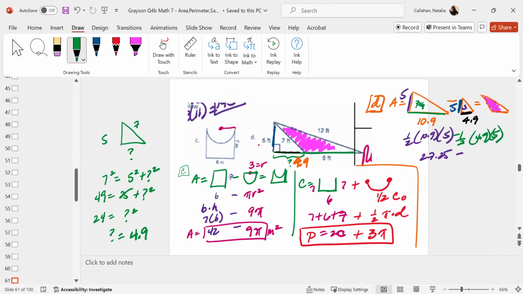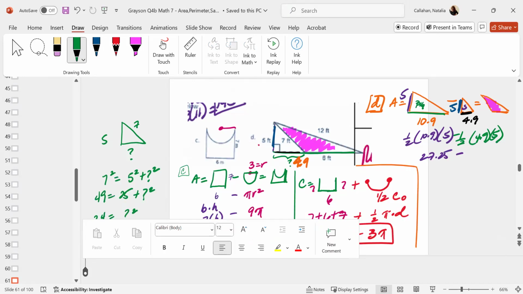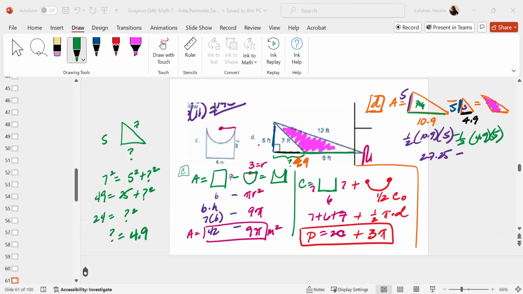Mhm. 4.9 times 5 times 0.5, which is 12.25. 27 minus 12.25 is exactly the same. So 27 minus 12 is going to be 15.